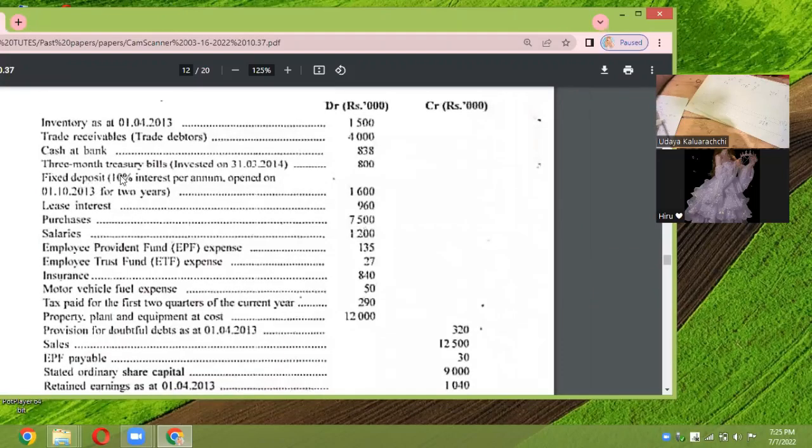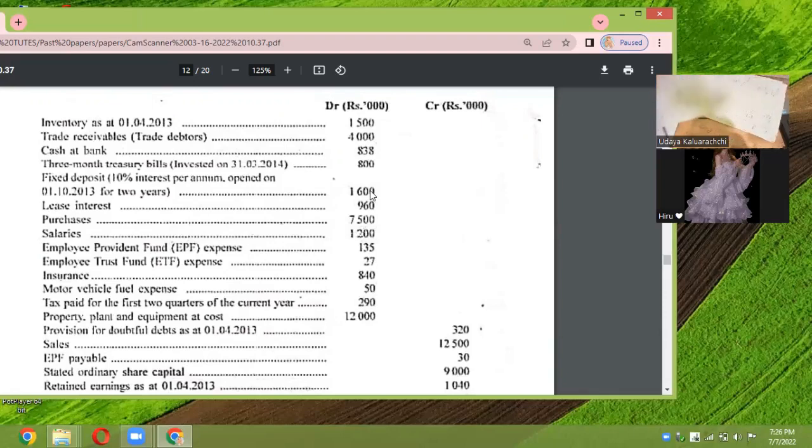Fixed deposit 10% interest per annum, opened on 1st of October 2013 for 2 years. First of all, you have to record this asset value under non-current assets. Last row, fixed deposit 1,600.